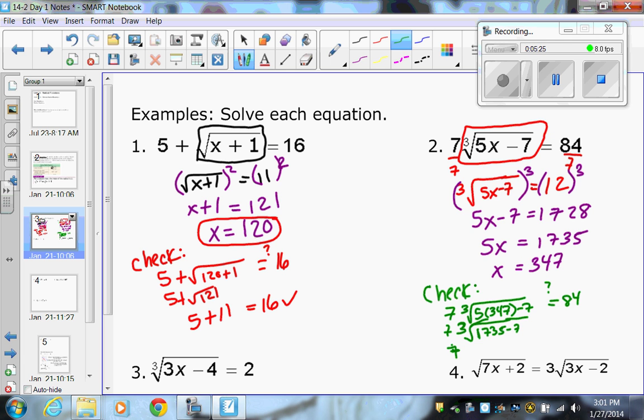That gives me 7 times the cubic root of 1735 minus 7, which is 1728. So this is really 7 times the cubic root of 1728, which is 12. And 7 times 12 does indeed equal 84. So our answer is indeed x equals 347.